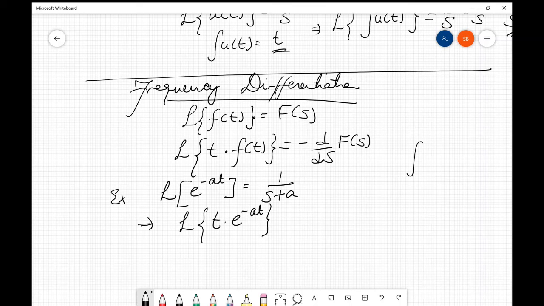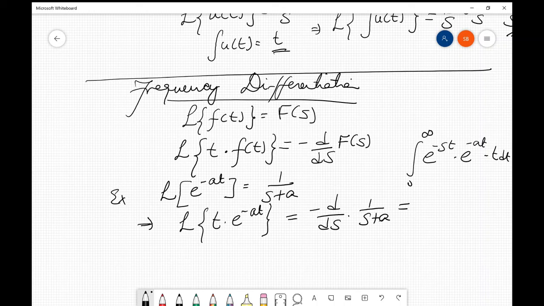Even though we can take the long route, which is the integral of e raised to minus st times e raised to minus at times t dt, just applying the rule here, we take the minus d per ds of 1 over s plus a, which is going to be 1 over s plus a, whole squared. So that will be our frequency differentiation rule.